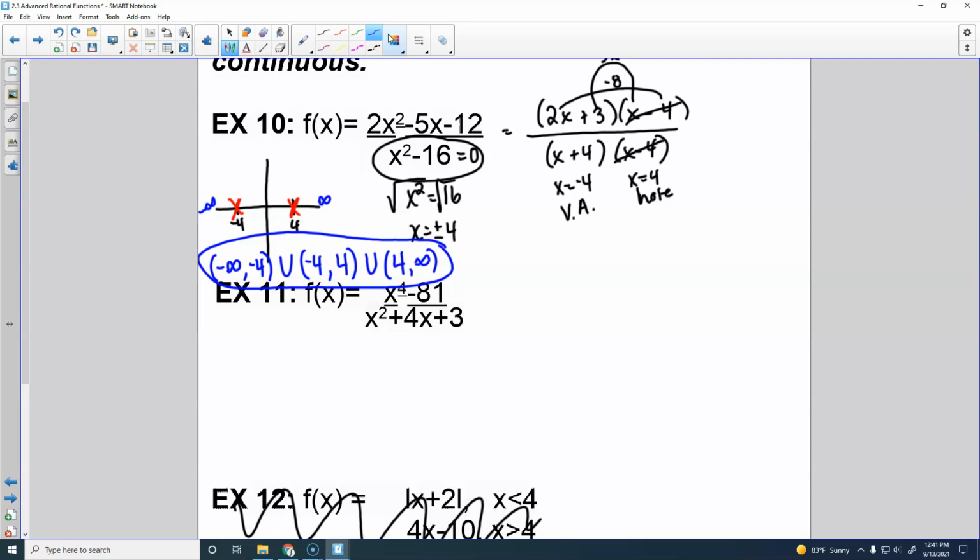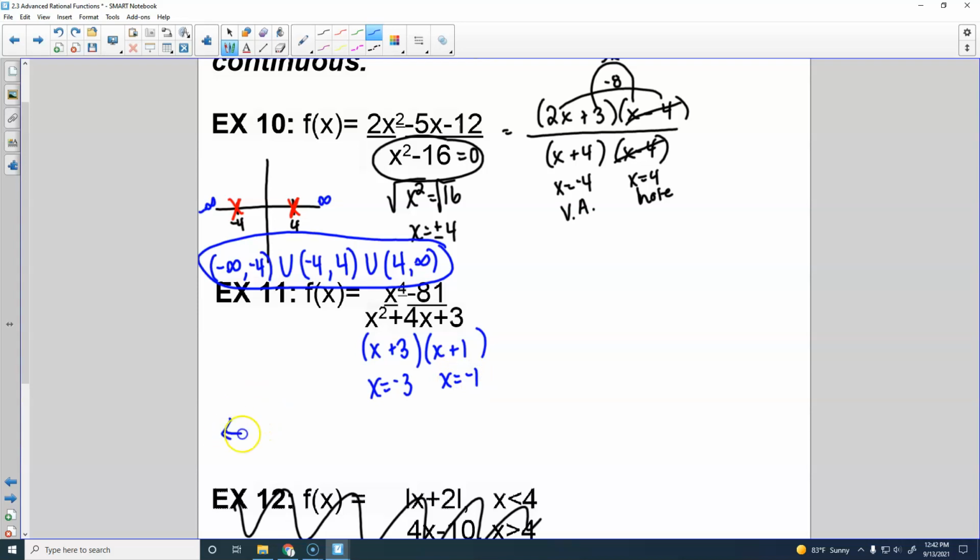So, for this one, do I have to factor the numerator? I don't have to because I only care about the denominator. That tells me where I have discontinuities, right? So if I factor that denominator, I could do x plus 3 and x plus 1. So I'll get x equals negative 3 and x equals negative 1.